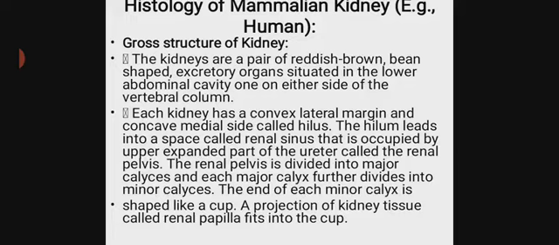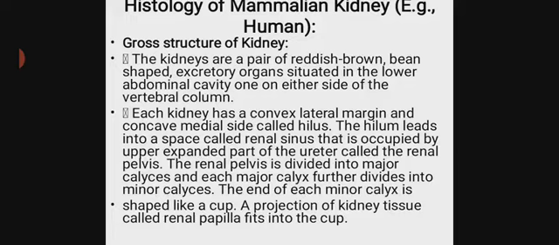The hilum leads into a space called the renal sinus that is occupied by the upper expanded part of the ureter called the renal pelvis, and the renal pelvis is divided into major calyces, and each major calyx further divides into minor calyces.